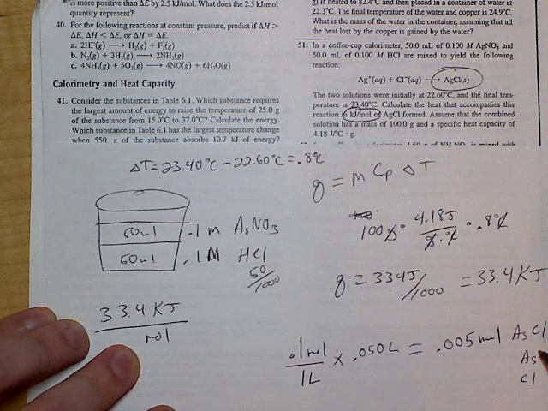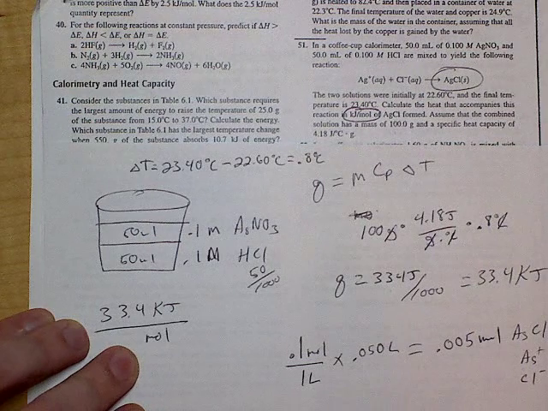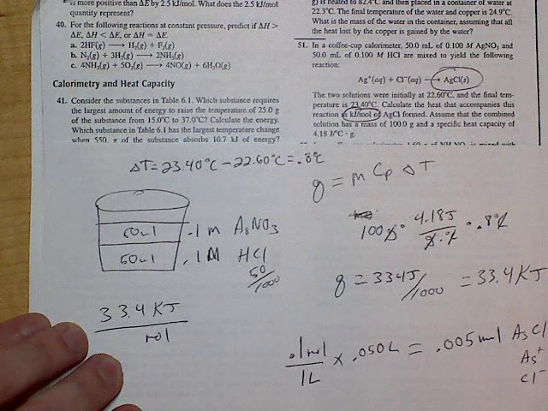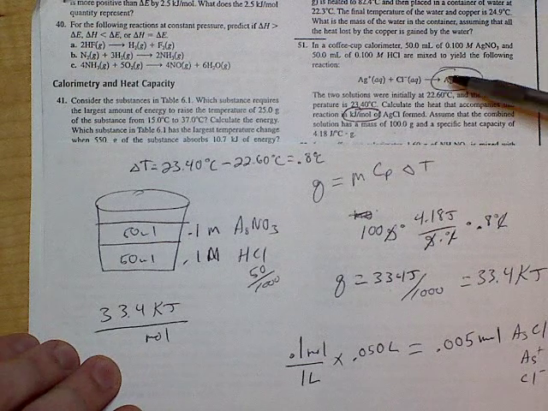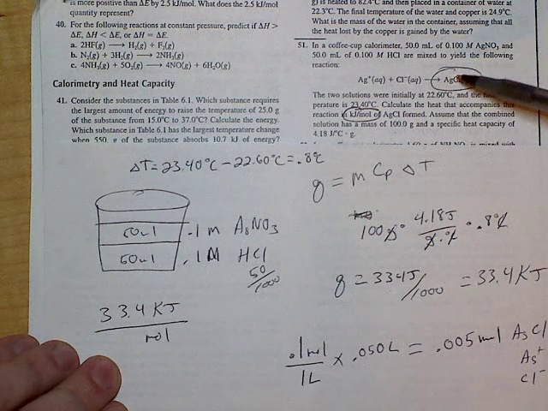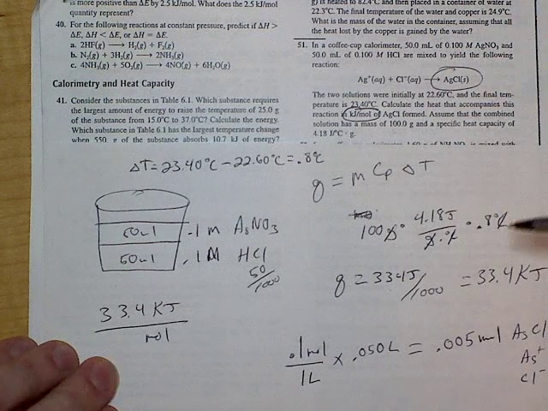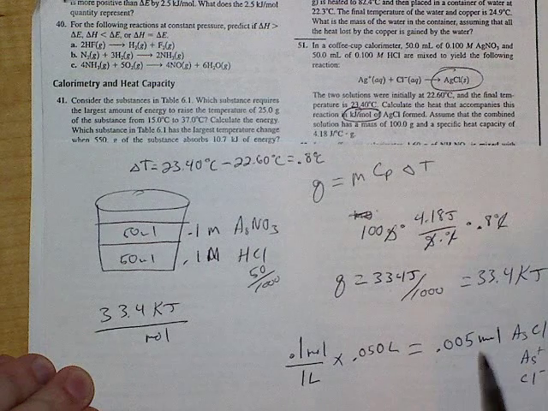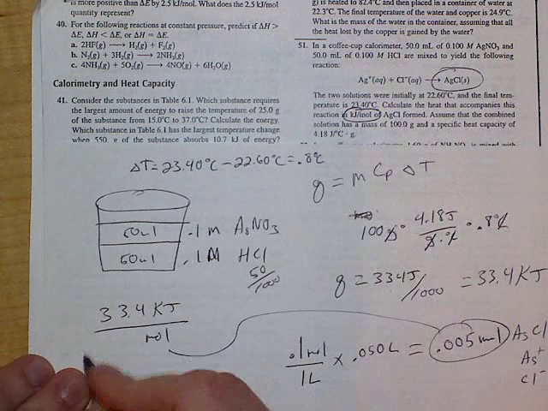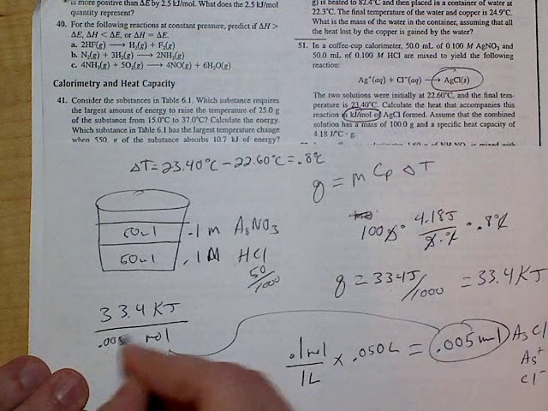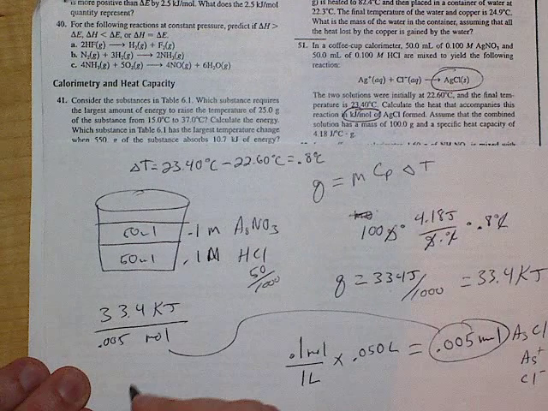We can do this because it's a 1:1:1 ratio. If it was different, we would have to do a stoichiometric conversion between what we were given and what we end up with. In this case, it's a fairly simple one. So here's my number of moles. I'm going to put that in here, 0.005 moles.